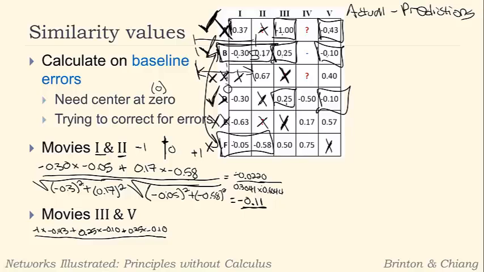Then we divide by the square root of this squared plus this squared plus this squared, times the square root of this squared plus this squared plus this squared. So we do the square root of 1 squared plus 0.25 squared plus 0.25 squared, times the square root of 0.43 squared, plus 0.1 squared plus 0.1 squared.